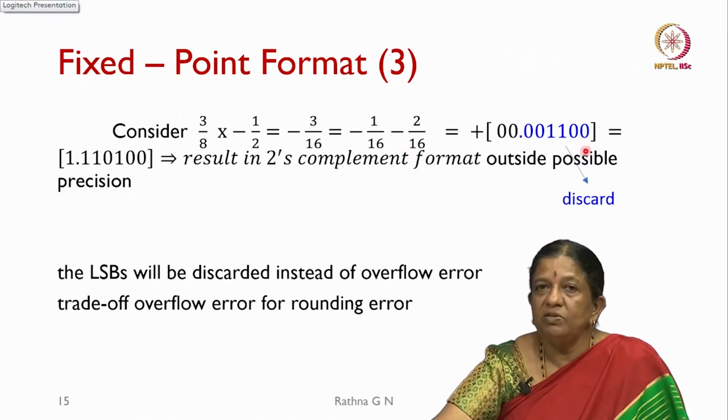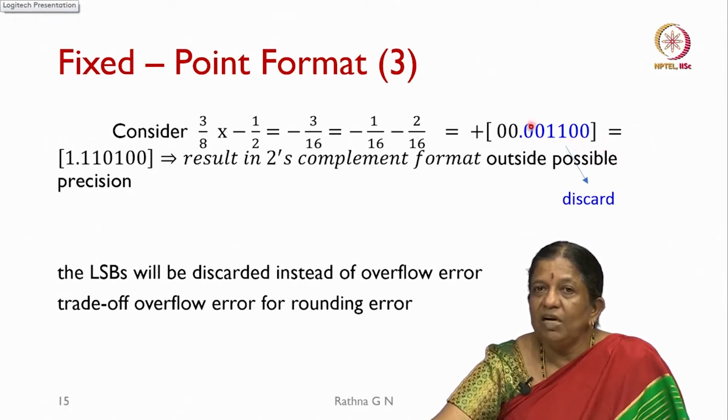Then what happens to the number in the binary format? We know that it should be a negative number. So, initially we put the plus value, 0 0 1, 1 by 16, and then the next one, 2 by 16, is 1 0 0.